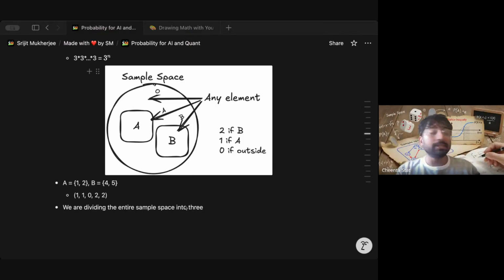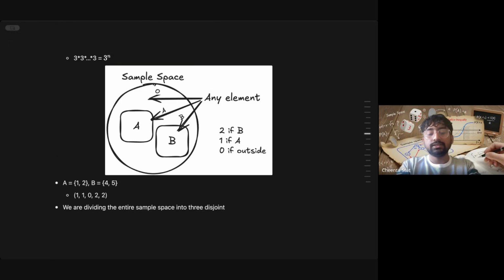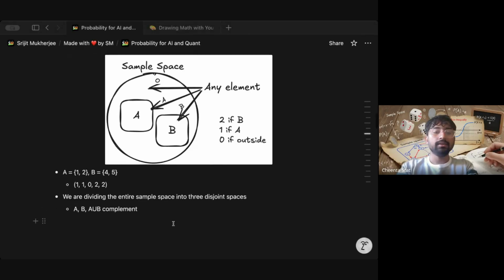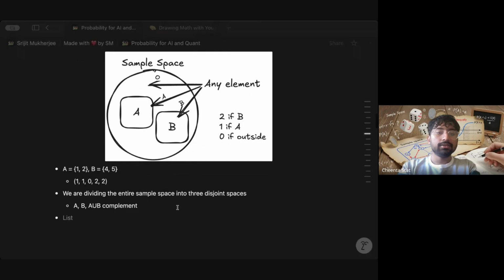So the entire sample space into 3 separate disjoint spaces: A, B, and the complement of A union B. Right? So did you understand now?